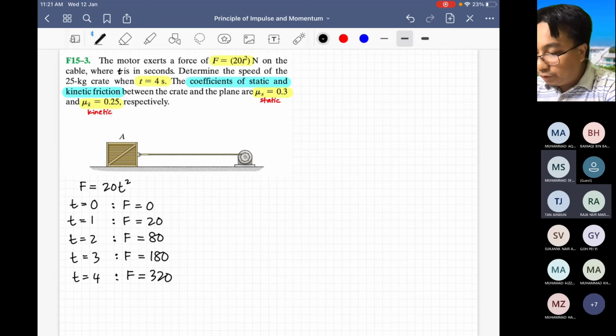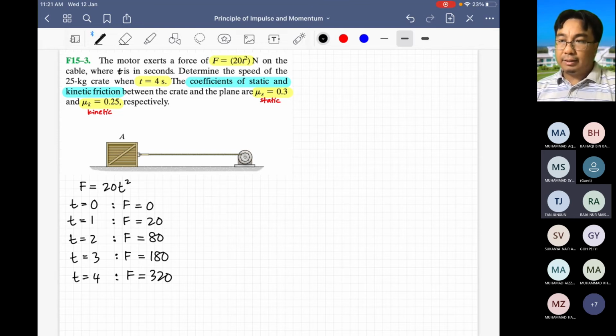Apabila dia bagi coefficient of static and kinetic friction, semua benda bila dia berada di atas surface, dia in contact with surface. For example, kalau saya letak pen ini dekat tapak tangan saya, you nampak pen ini tak jatuh, dia tak bergerak, tapi sebenarnya dia ada friction lah. Kalau tak ada friction, dia dah jatuh.